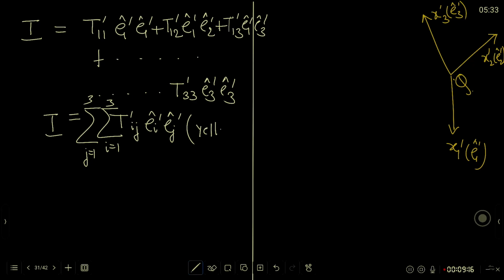From the previous slide, if we go back to our white coordinate system, the original one, the expression will be this.